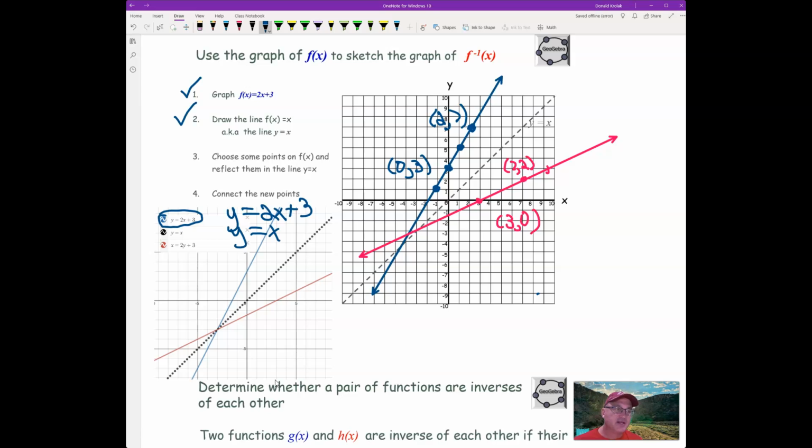And then to get it to graph the inverse, all I did was I took the x and the y and I switched them. So this last equation here goes x equals 2y plus 3. And that gives me my inverse. Because what is it? It's switching x and y. It's reversing what the function did.